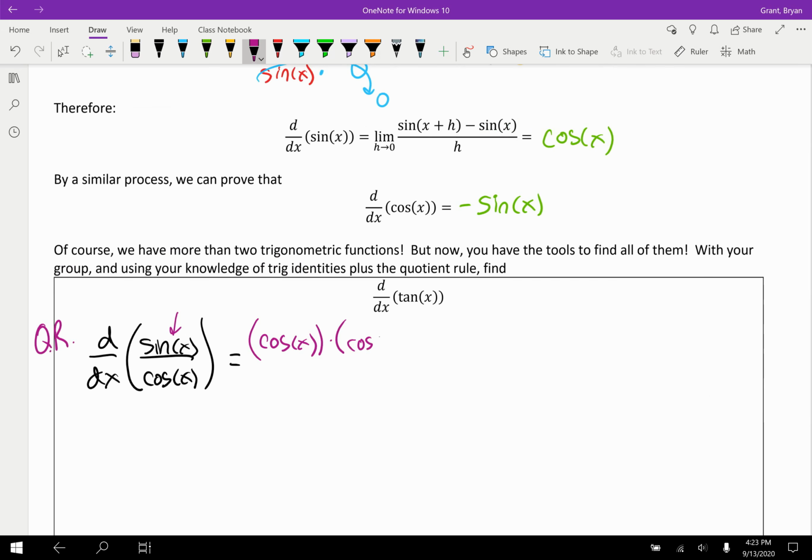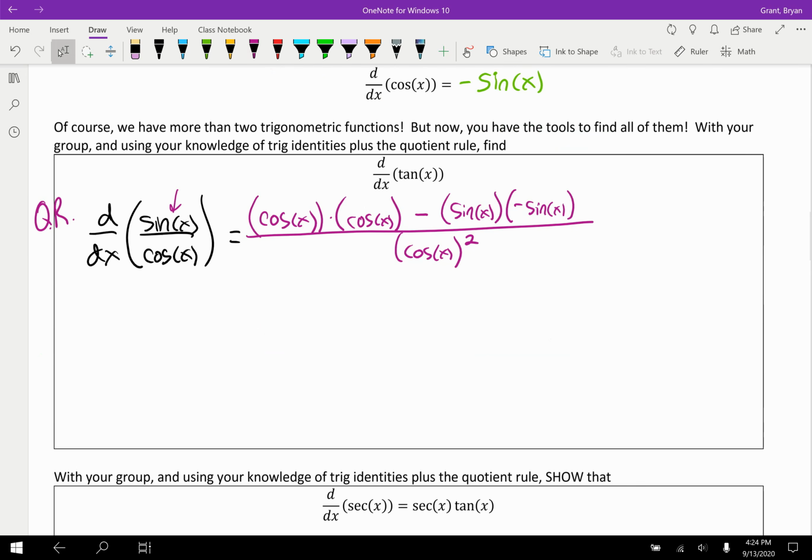That is cosine of x. Okay. Minus for the quotient rule. We have a negative. Product rule uses a plus. Then we keep the original top function the same, and we take the derivative of the bottom function. The derivative of cosine is negative sine, all divided by the denominator squared. Well, can we clean this up at all?